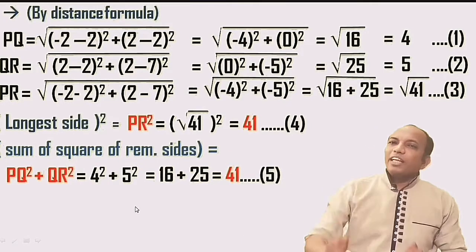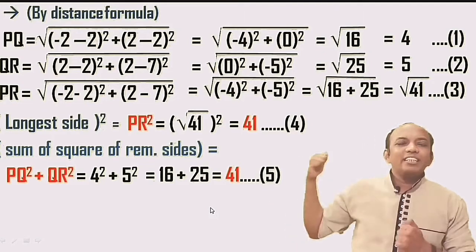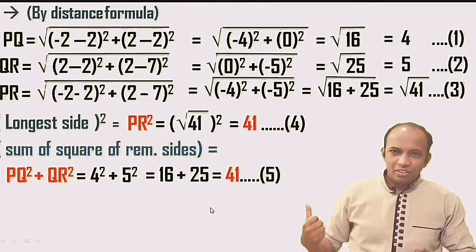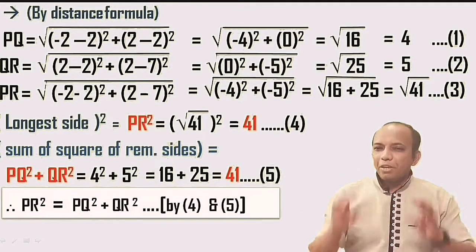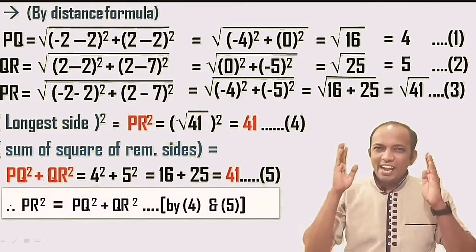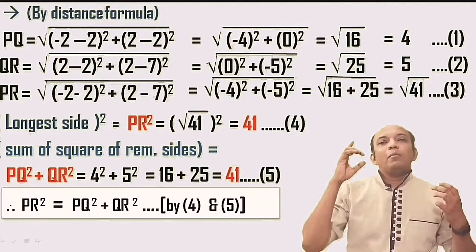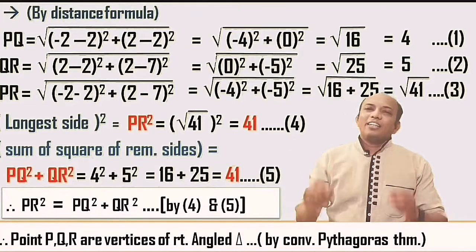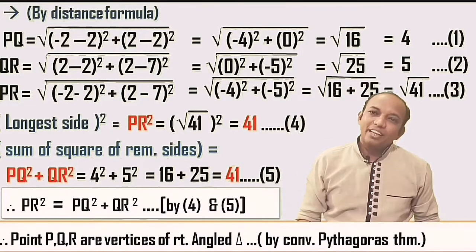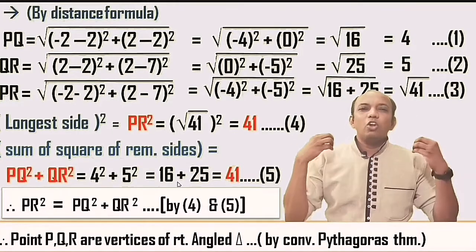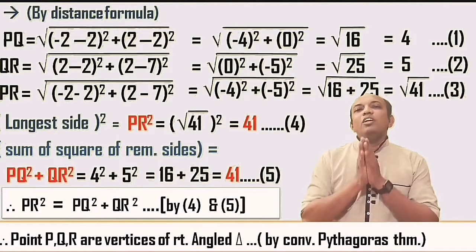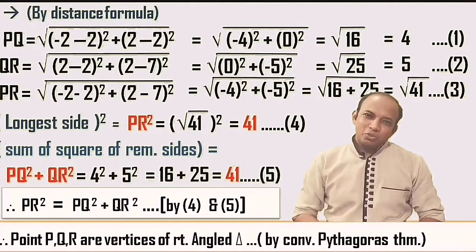Isn't it right? Yes. So we can say, by 4 and 5, PR square is equal to PQ square plus QR square, and by the converse of Pythagoras theorem, now I can state that these points P, Q and R are the vertices of a right angle triangle, because we found the longer side square is equal to the sum of squares of the remaining two sides.